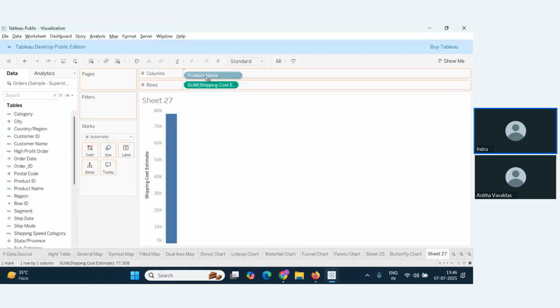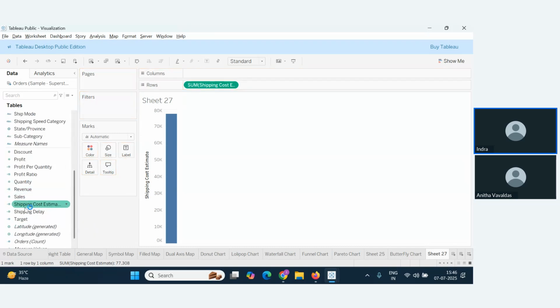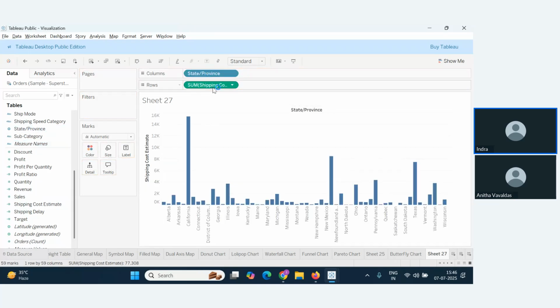No, we'll take state here, and based on the quantity, it is giving me the total shipping cost estimated for all the states.